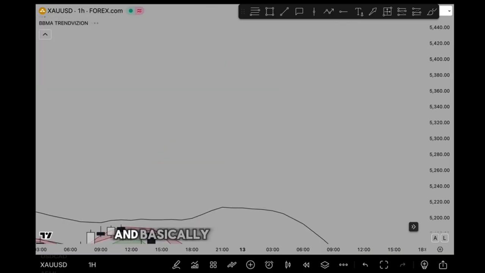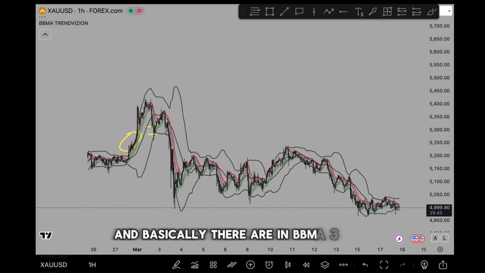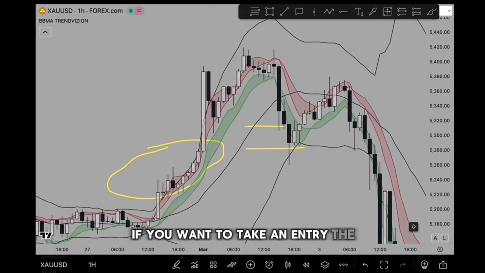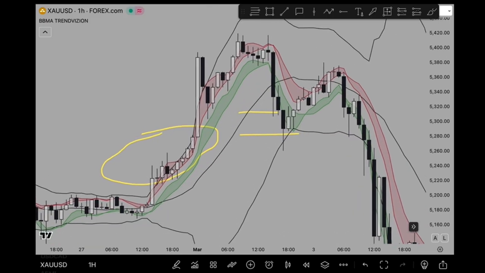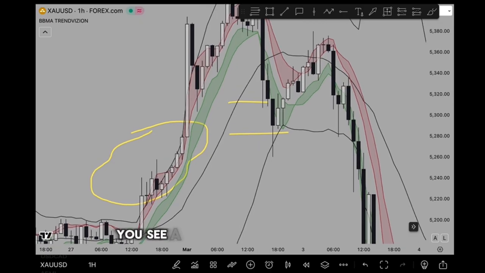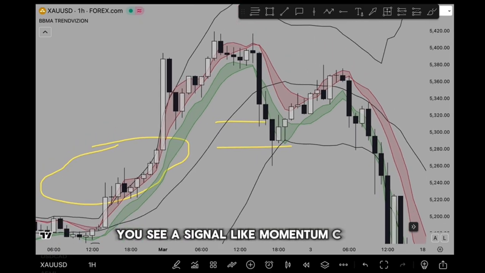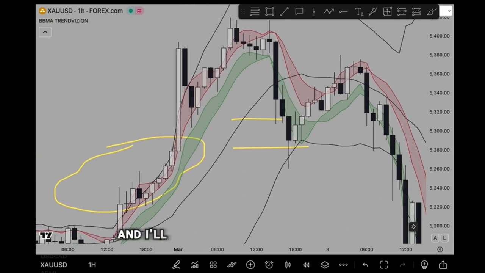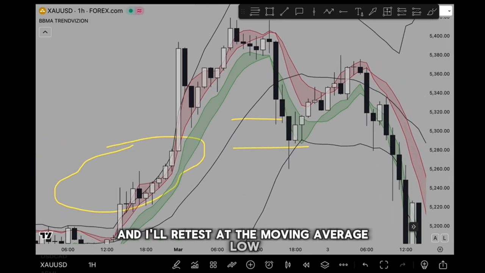And basically there are in BBMA 3 main time frames if you want to take an entry, the classic way, which is any time frame you want, except maybe the 1 minute. But the way you trade it is, first time frame you see a signal like momentum, CSAK, CSA, and a retest at the moving average low.